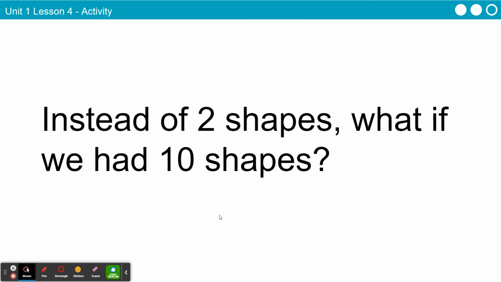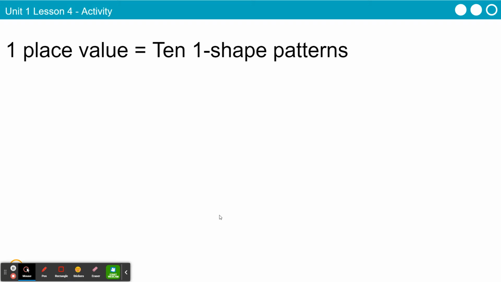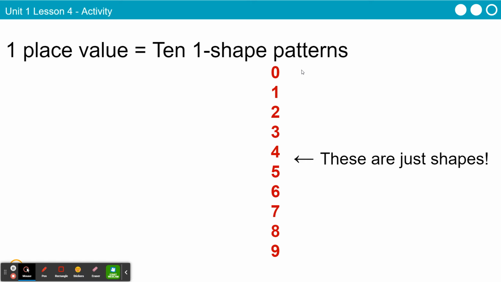All right, so pretend for a second, take a minute. What if instead of 2 shapes, I had 10 shapes? What if I had 10 shapes to work with? For example, let's get 10 shape patterns. This is what we already have. Remember, computer scientists like starting at 0, right? That's because these are just shapes. That's what we have in American, British, European backgrounds.